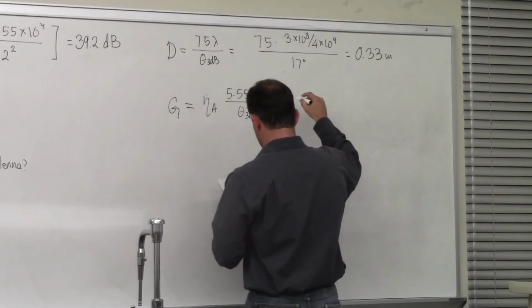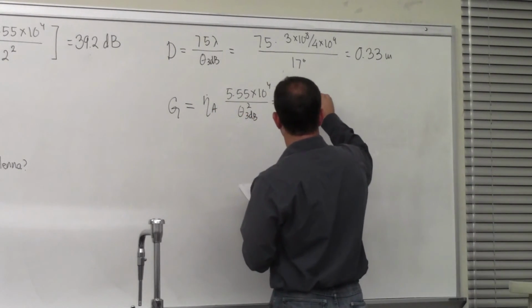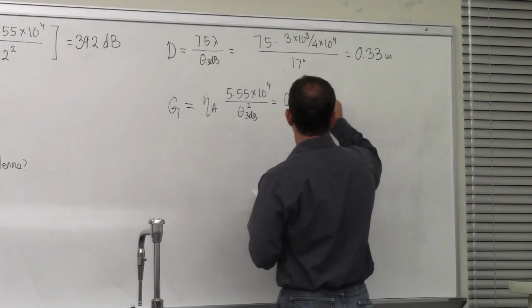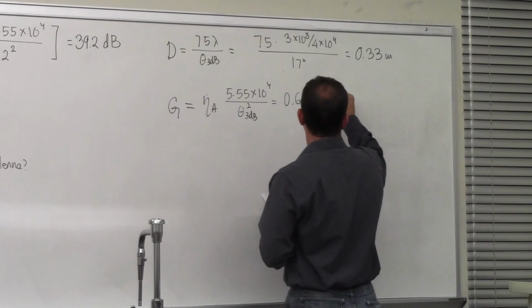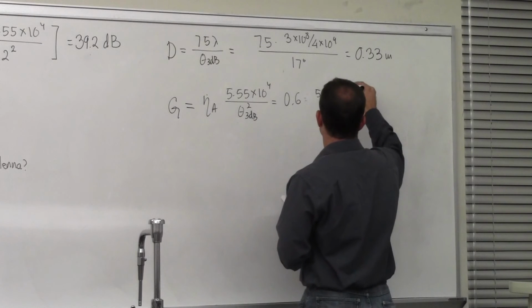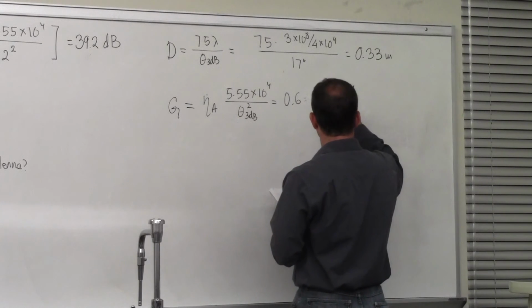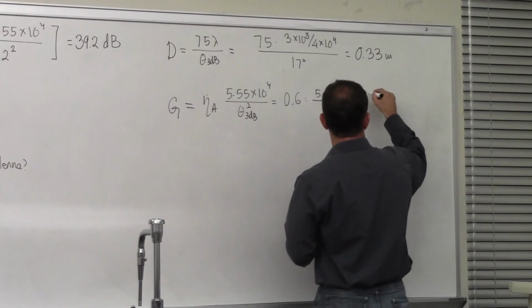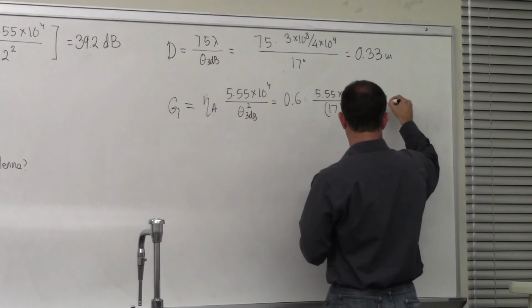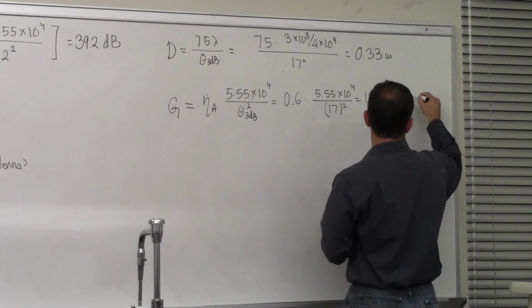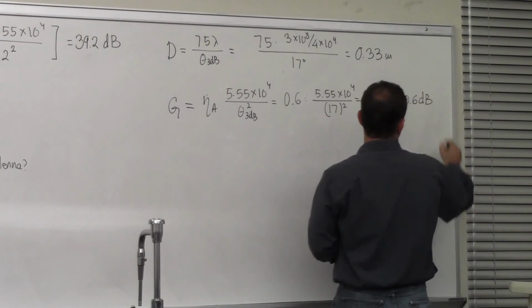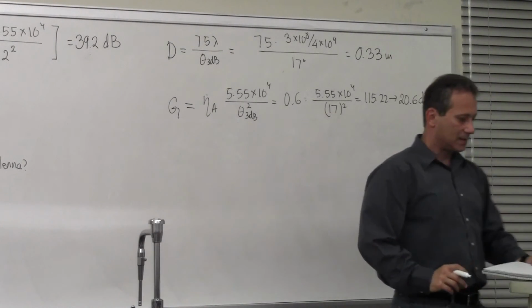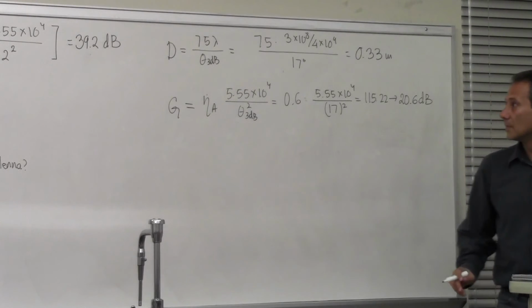In our case, this is 0.6 times 555 times 10 to the 4 divided by 17 quantity squared, and this gives you 115.22, which is 20.6 dB.